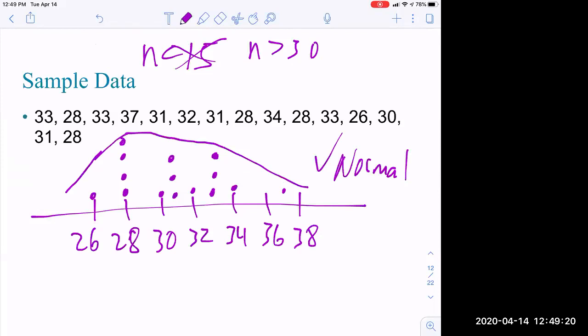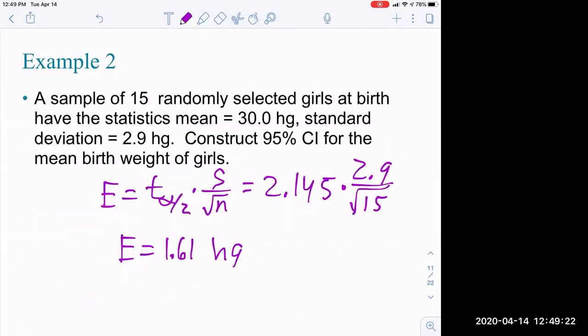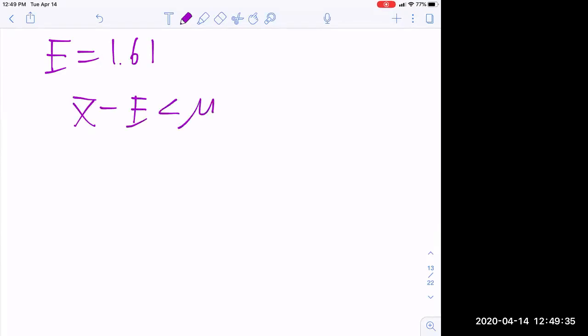So, I forgot what my margin of error was. That was smart of me. 1.61. So I'm going to construct it. Now we're doing the mechanics. We're right where we were.